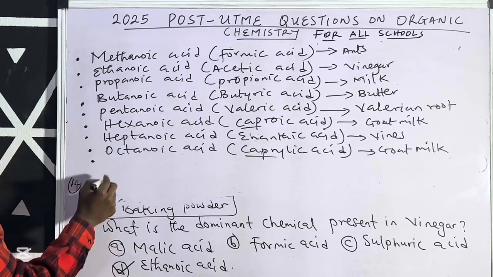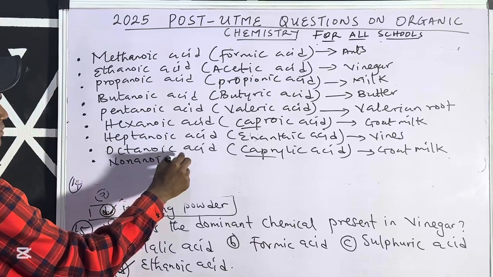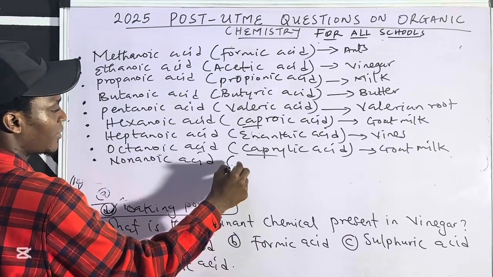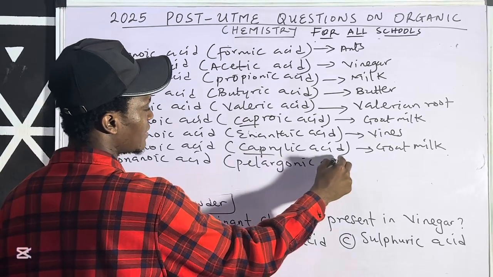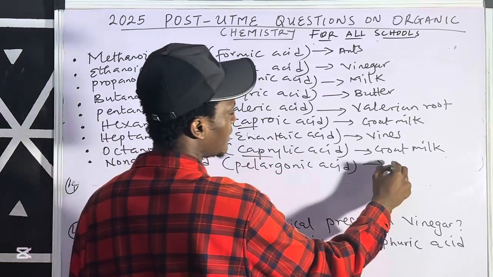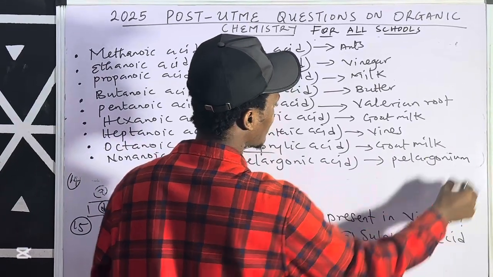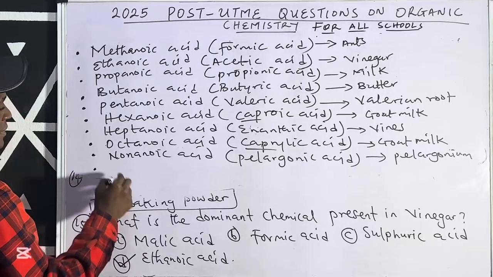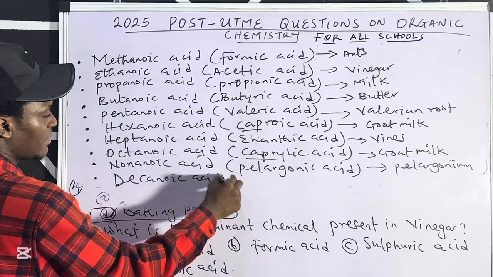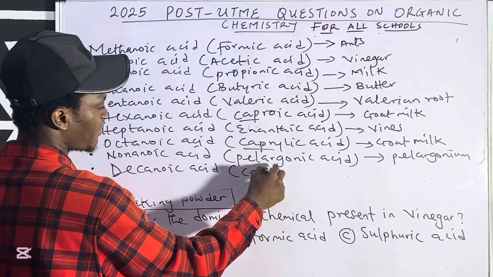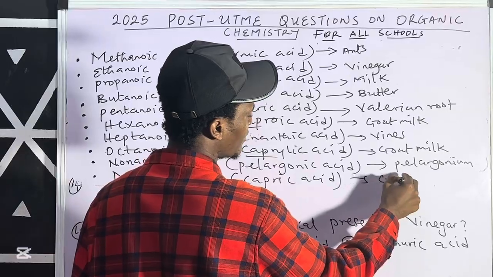Then next is nonanoic acid, commonly referred to as pelargonic acid, and it is found in plants named pelargonium. That's the source. Then lastly, decanoic acid. Decanoic acid is commonly referred to as capric acid, and it is found in the milk of goat as well.